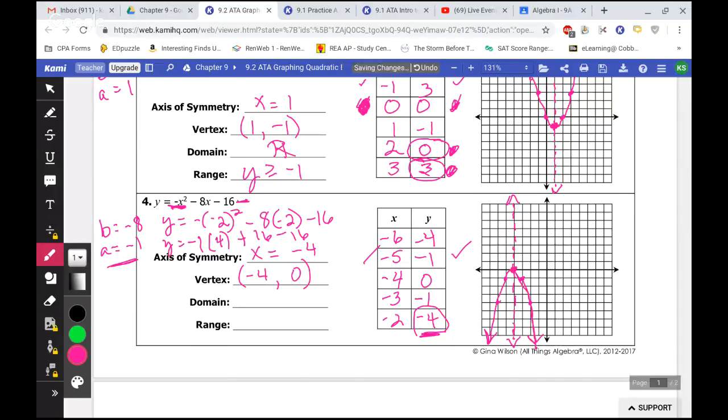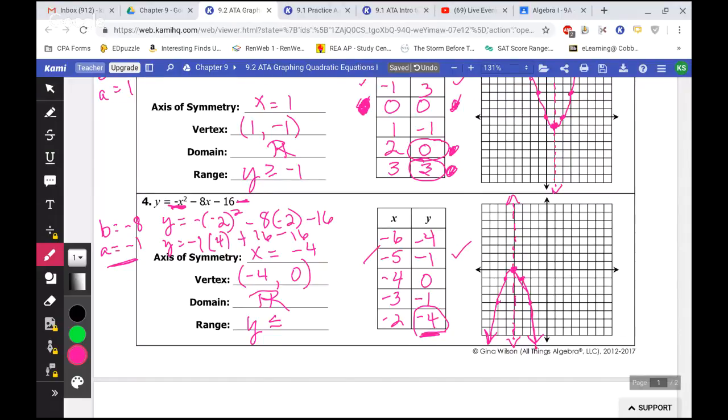All right, what's the domain? All real numbers. Good job. And the range is what? Y is less than or equal to, or less than what? 0.